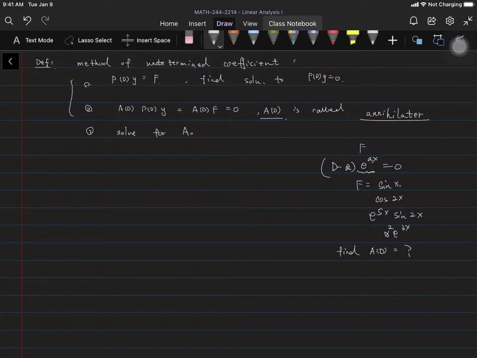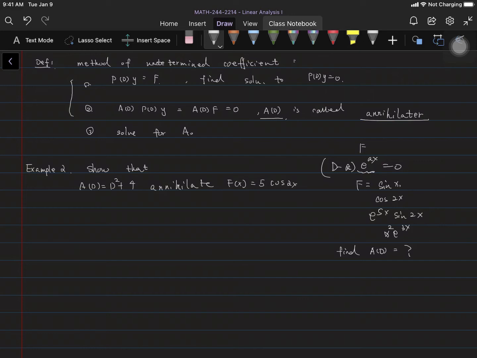Let's take a look at the second example. Show that A(D) = D squared plus 4 annihilates this kind of function, 5 cosine 2x.